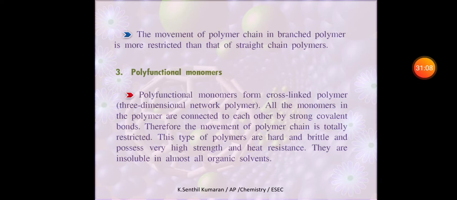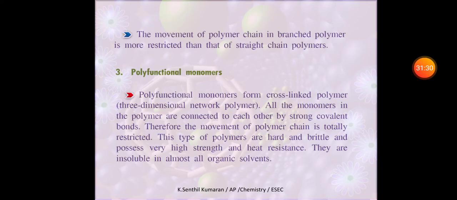Next we are going to the polyfunctional monomers. Polyfunctional monomer means a cross-linked polymer. That means a three-dimensional network polymeric chain will be formed. All the monomers in the polymer are connected to each other by strong covalent bonds.